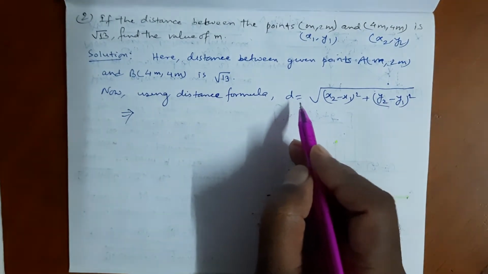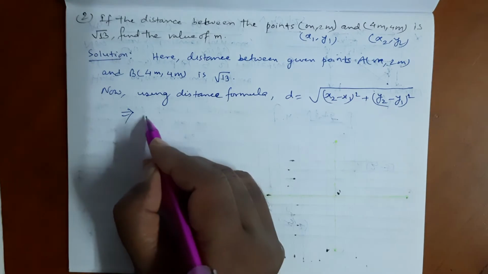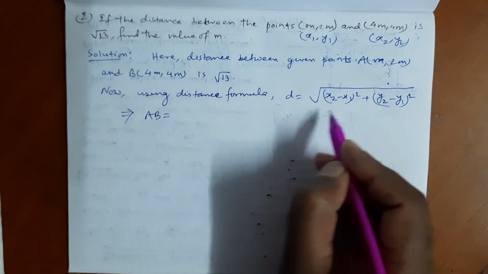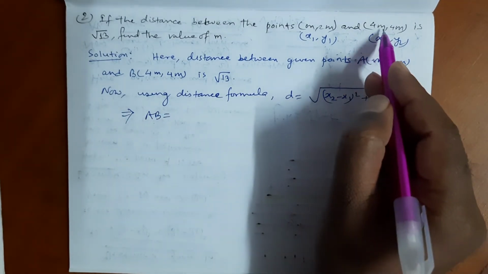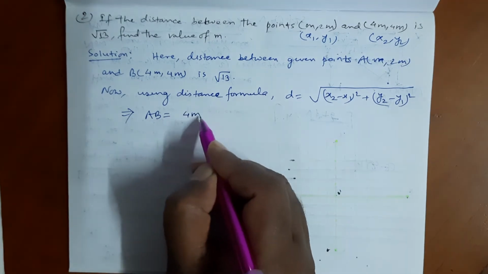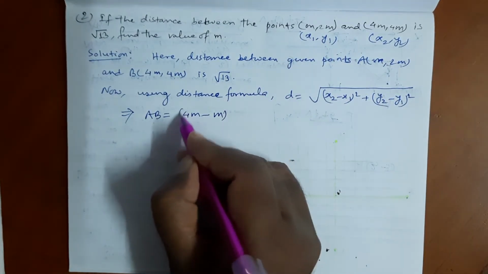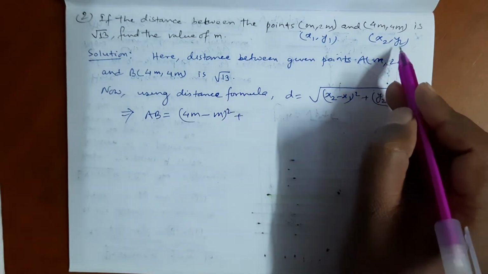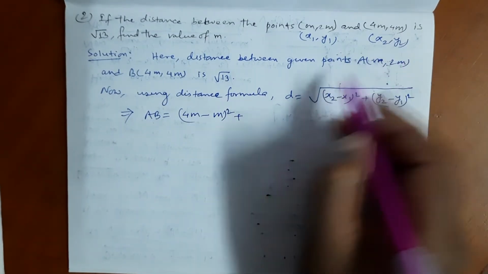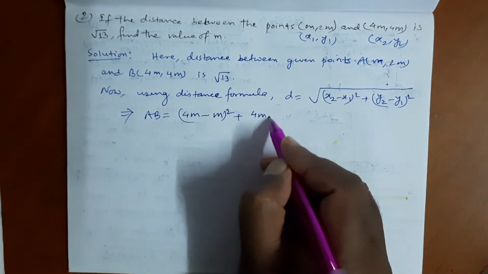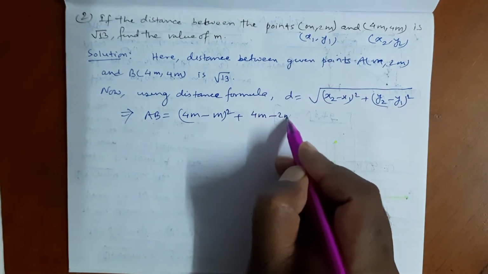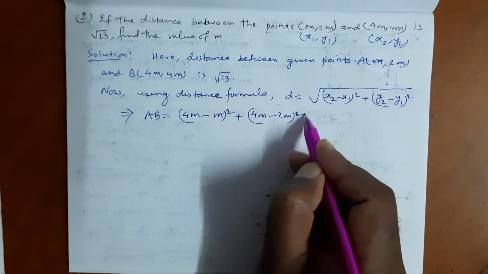In place of distance, we have distance AB. So AB equals root over, x2 here we have 4m minus, in place of x1 we have m, square, plus y2 value we have 4m minus y1 is 2m, and this square.